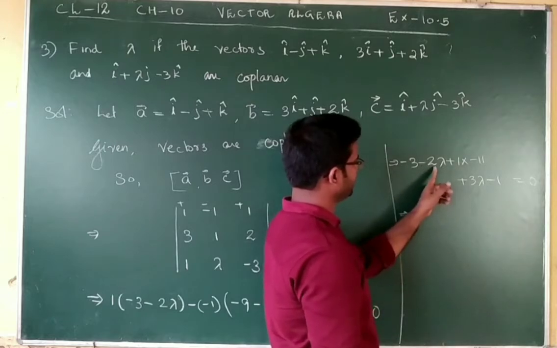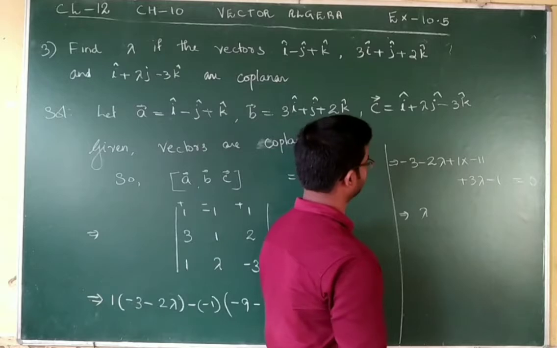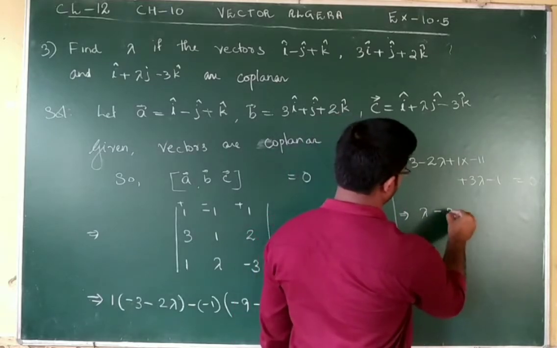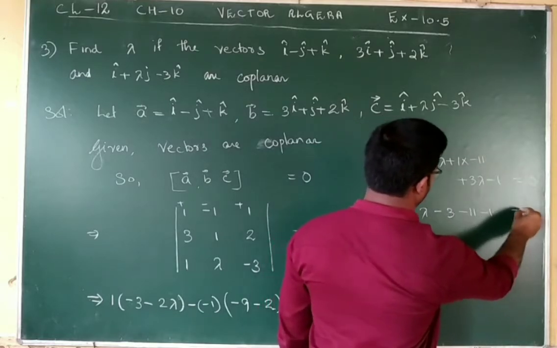Now minus 2 lambda plus 3 lambda, you will get lambda, 1 lambda, and here remaining minus 3, 1 into minus 11 is minus 11, then minus 1 equal to 0.